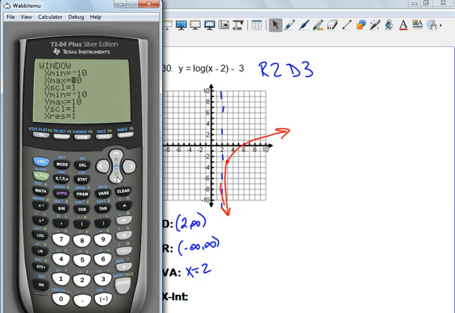So I'm going to go to like 50 and see if I can see it. Now instead of counting by ones, I'm going to count by fives just so it doesn't take me forever. Okay. Oh, not far enough. I guess I got to go way farther than 50. Let's try 200. And now let's count by tens so that way it doesn't take forever. Still not far enough. Alright, let's go to 500. And this time let's count by 50s.